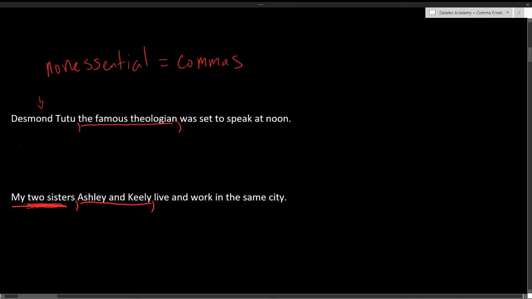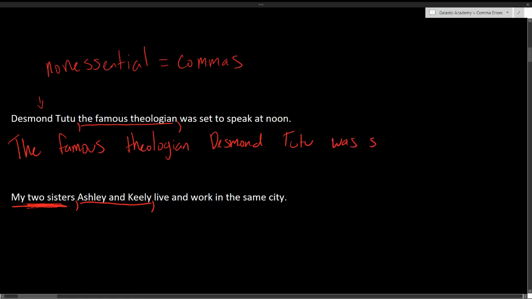So the funny thing is that just by rearranging the sentence, you can change the appositive. So if we said, the famous theologian Desmond Tutu was set to speak.